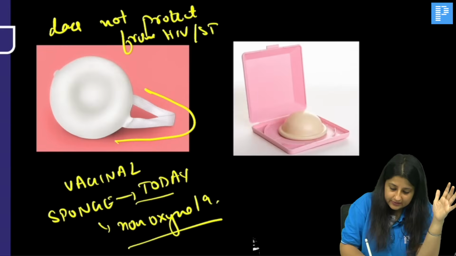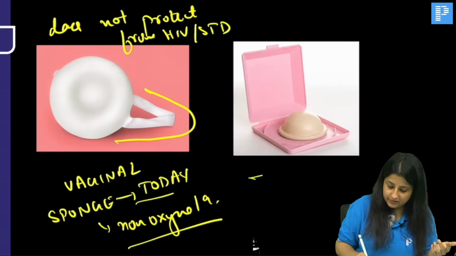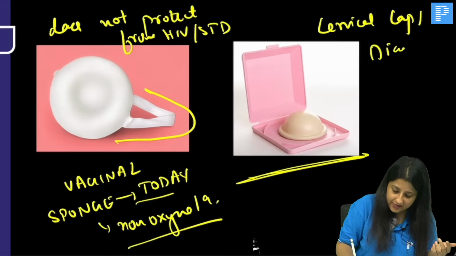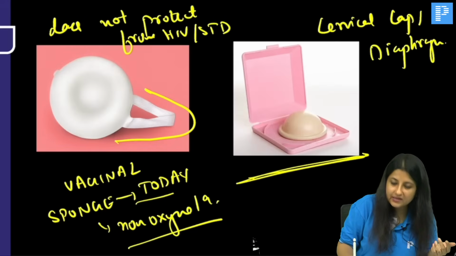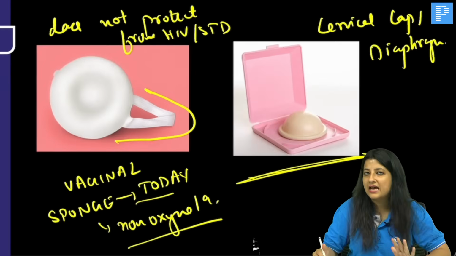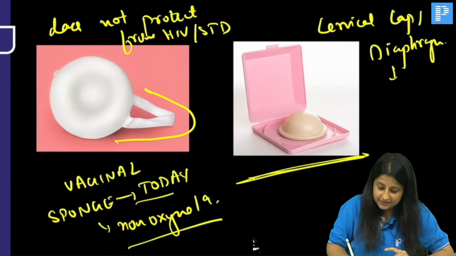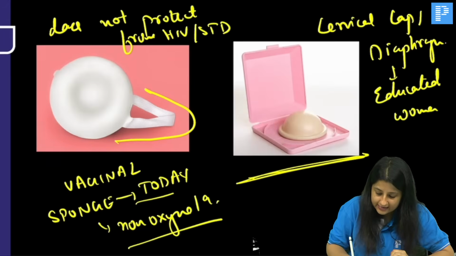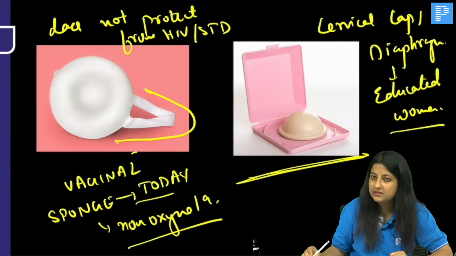So that is this. Another barrier method, this one is a diaphragm or a cervical cap. Everything is similar to the vaginal sponge, but remember the diaphragm has lower failure rates. You can prescribe it to an educated woman, and it has a lower failure rate than the vaginal sponge.